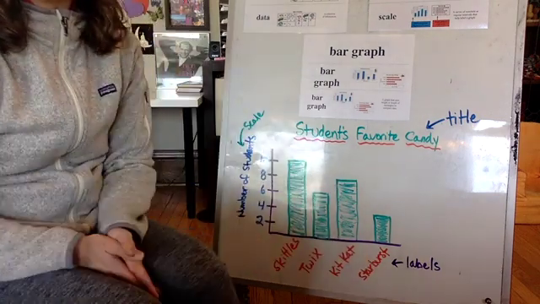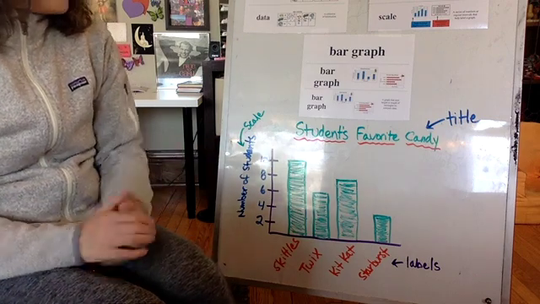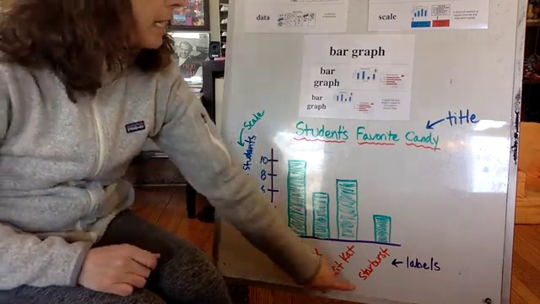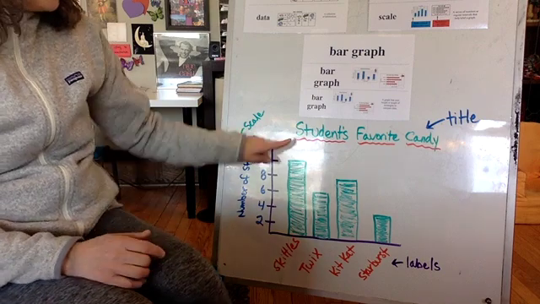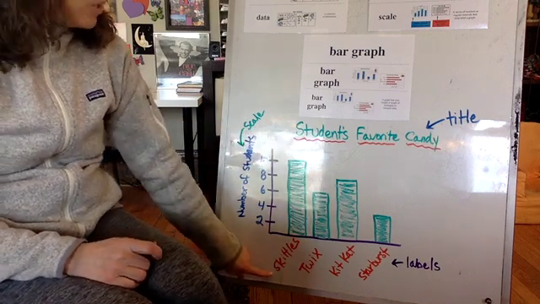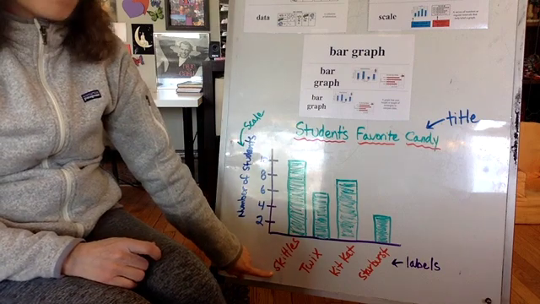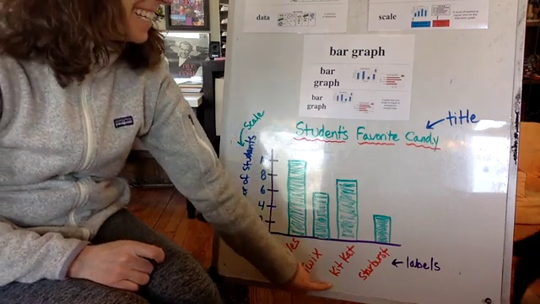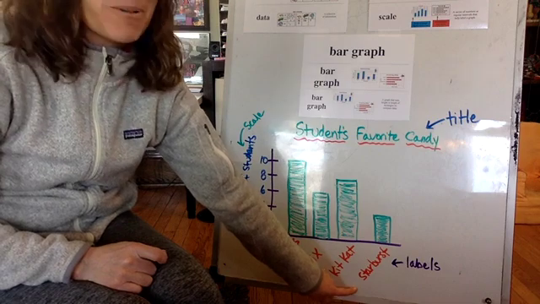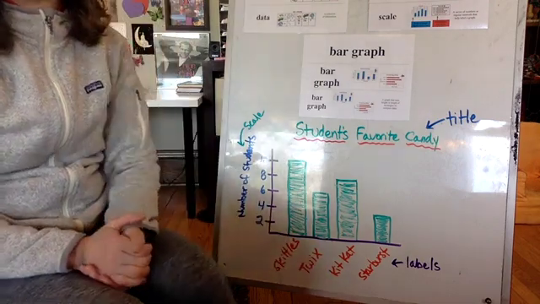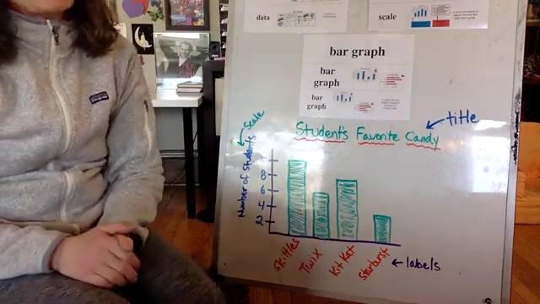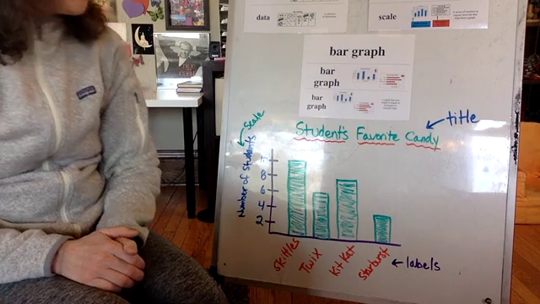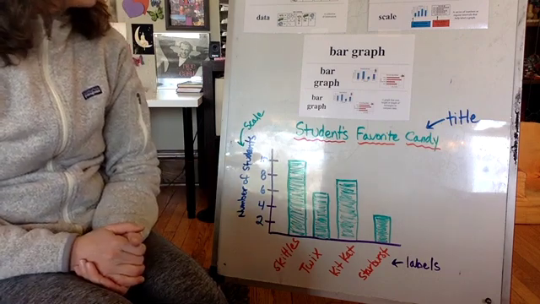The labels are what we're finding out the information about. Our imaginary poll is between Skittles, Twix, Kit Kat, and Starburst. Those were the 4 different kinds of candy that we decided to ask people about when they said what their favorite candy is.